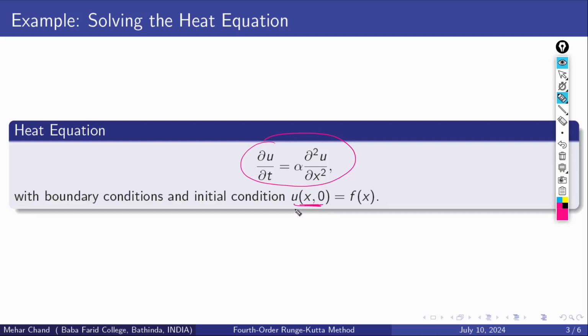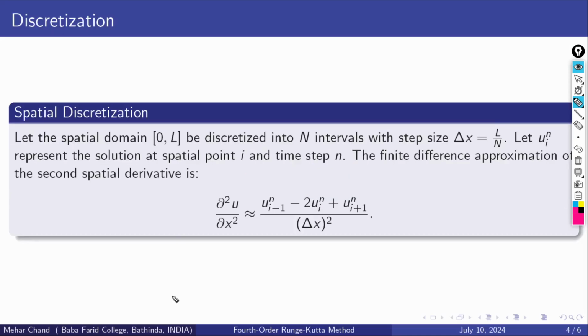Here we are given u(x,0) is equal to f(x). To apply this method, first we have to discretize the domain. Let the spatial domain 0 to L be discretized into n intervals with the step size delta x is equal to L upon n.